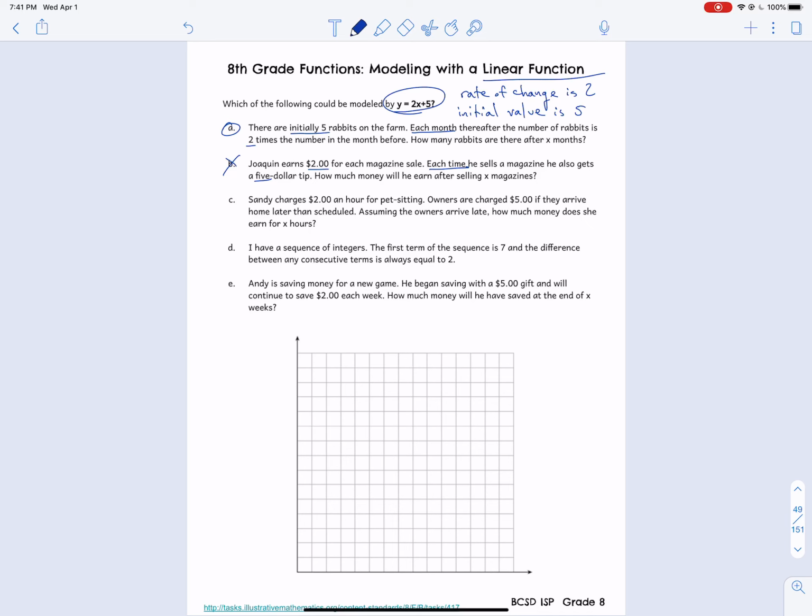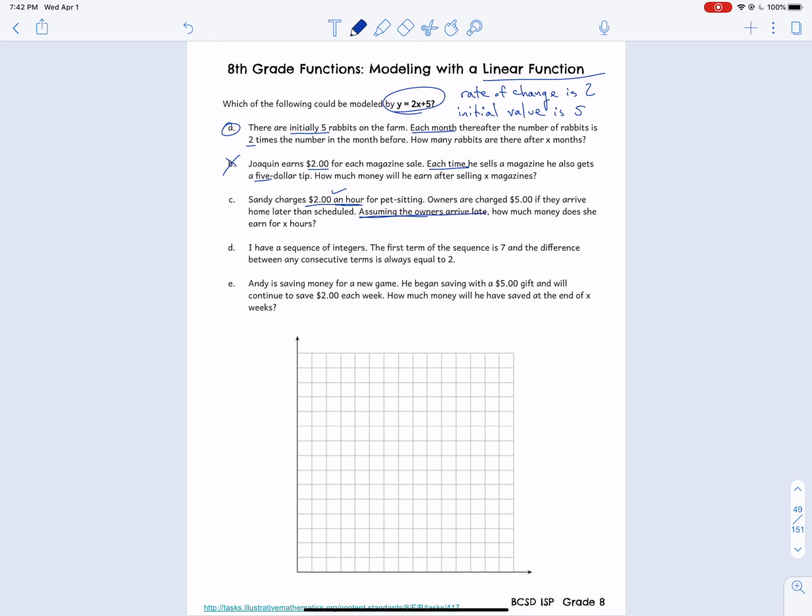Okay, part C. Sandy charges $2 an hour for pet sitting. Okay, per hour, that's a rate of change, so that works. Owners are charged $5 if they arrive home later than scheduled, so if they're late. Okay, here we go. Assuming the owners are late, how much does she earn?